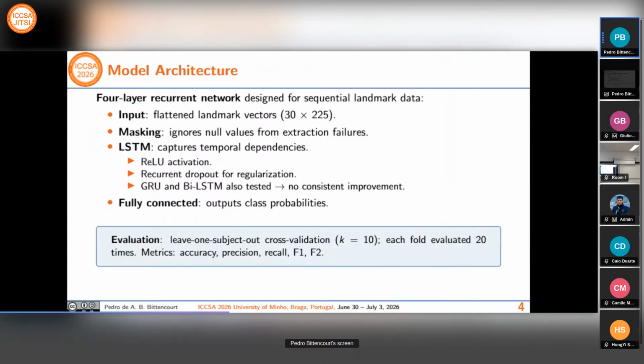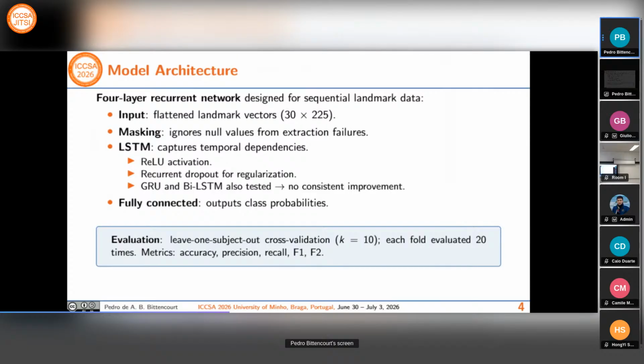It uses the ReLU activation function, and we apply recurrent dropout as a regularization technique to reduce overfitting without compromising long-term dependencies. We also tested GRU and bidirectional LSTM variants, but this didn't show consistent improvements over the standard LSTM. Finally, a fully connected layer outputs the class probabilities.